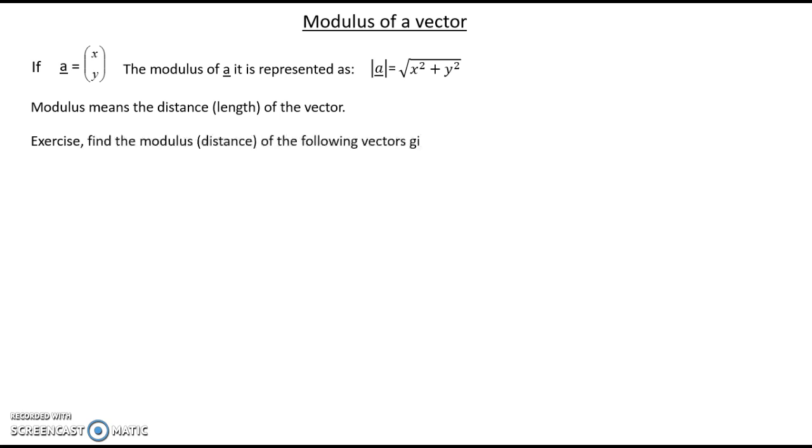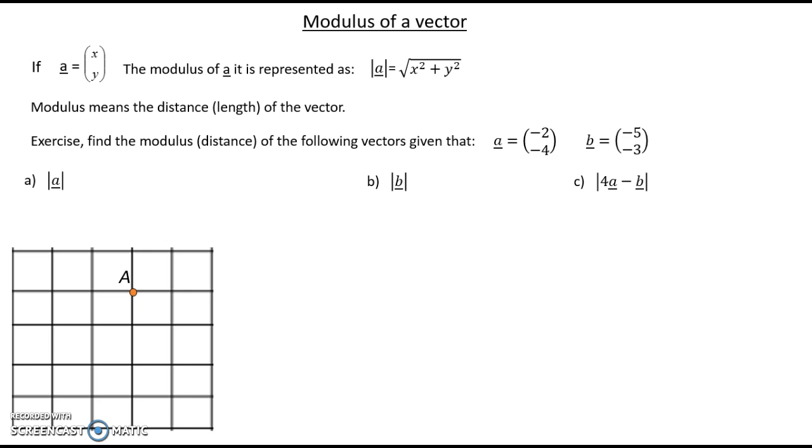Exercise: we need to find the modulus of the vector given that a is (-2, -4). This means starting from a point, we are going 2 to the left and 4 downwards. So the absolute value of a, starting from the point, going 2 to the left, 4 downwards, you need to find that distance. By using Pythagoras theorem, the answer will be the square root of 2 squared plus 4 squared, which is 4.5.